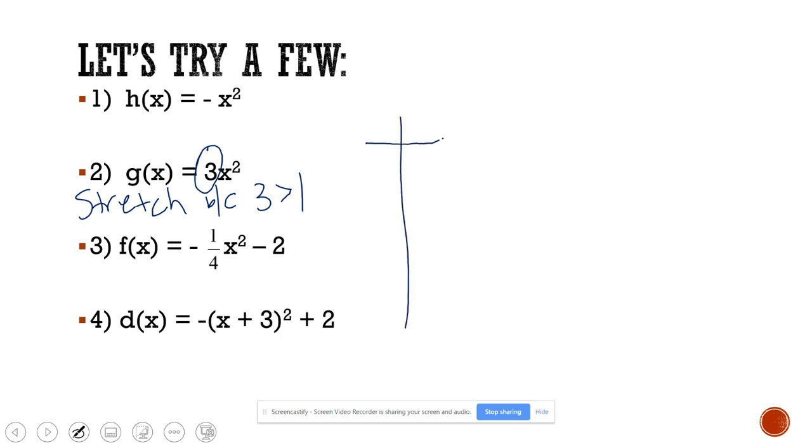I'm again going to take a look at my parent function t-table. We're using the same one every single time. -2, -1, 0, 1, 2, 4, 1, 0, 1, 4. I don't know why this 4 doesn't want to write. Sorry about that.